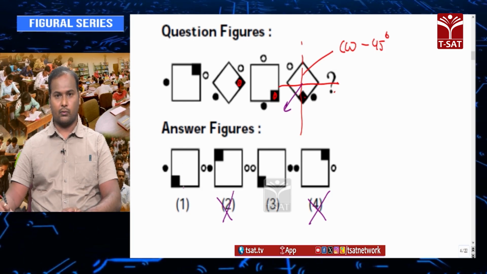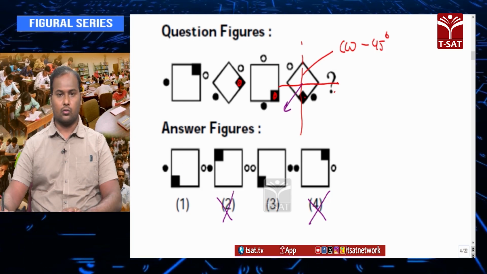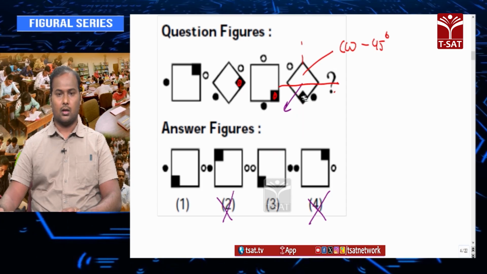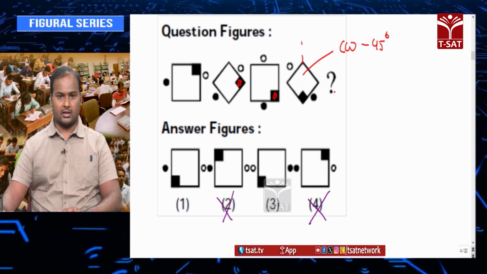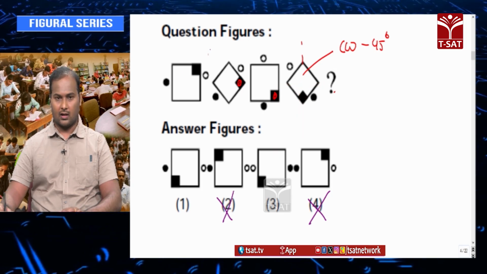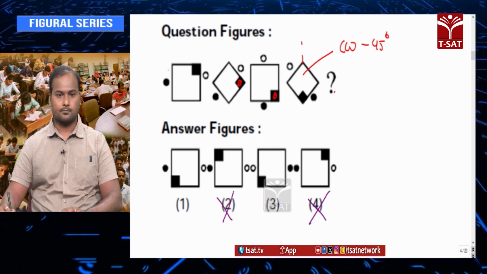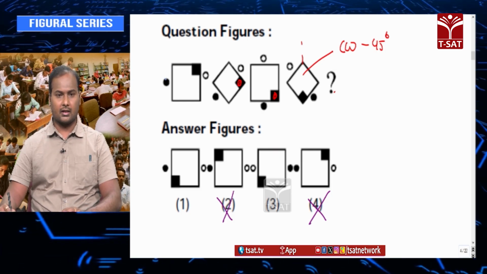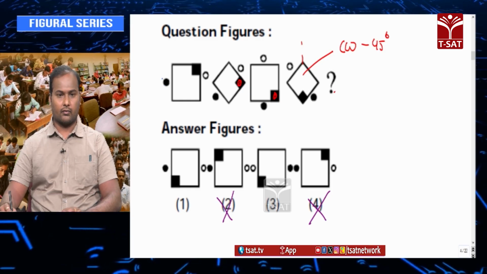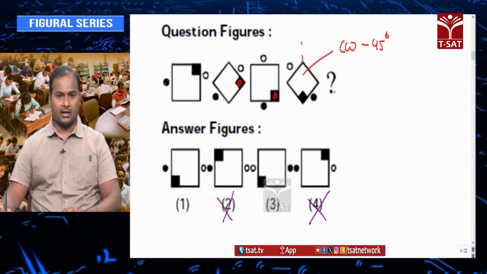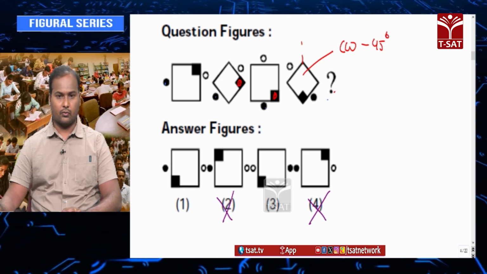To choose between 1 and 3, we need to look at the outside circles, one dark circle and one lighter circle. Look at how these circles are moving. The darker circle is moving in the anti-clockwise direction. See here, it is here and again moving here, coming to the center and moving outside.